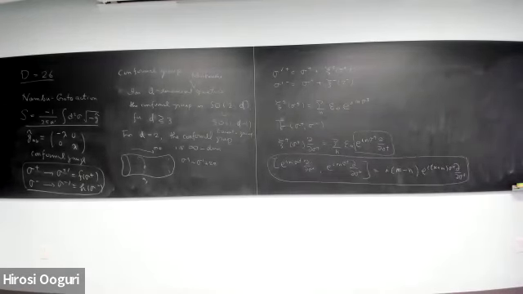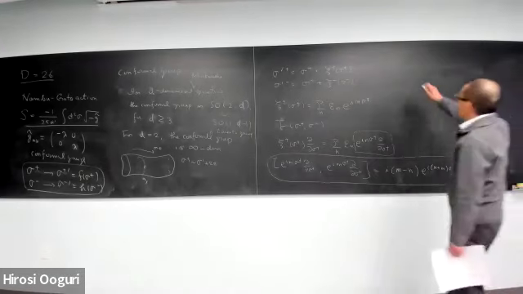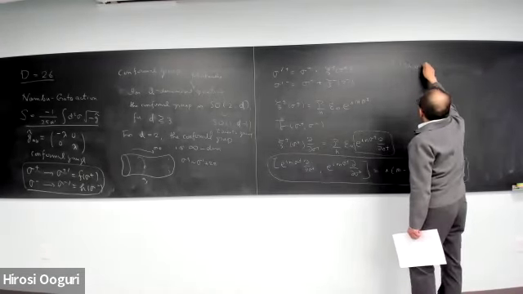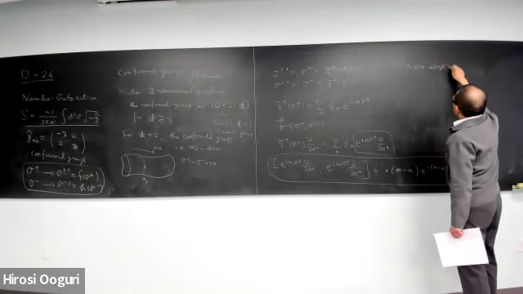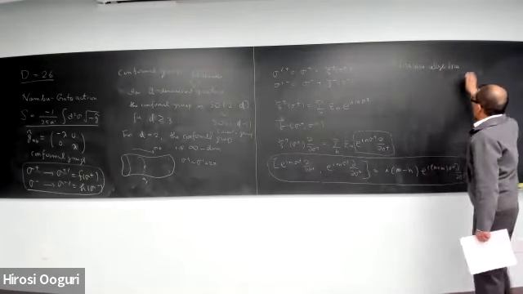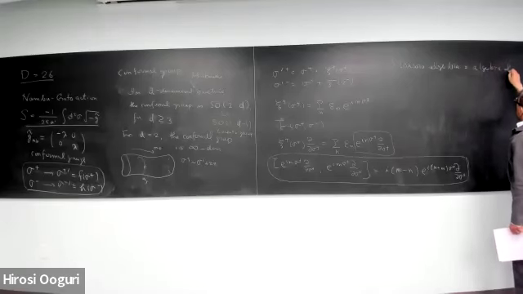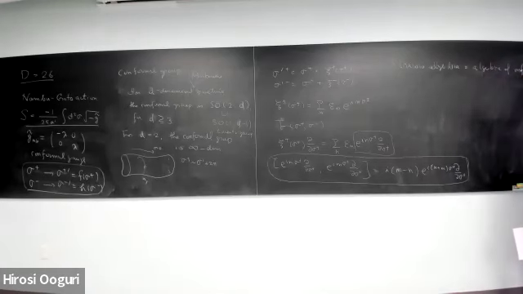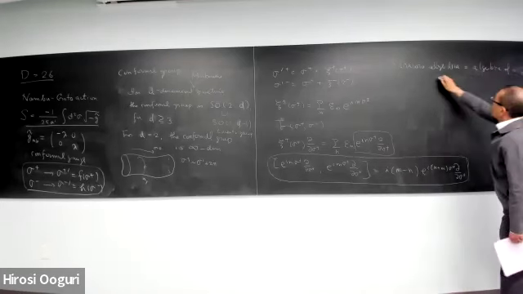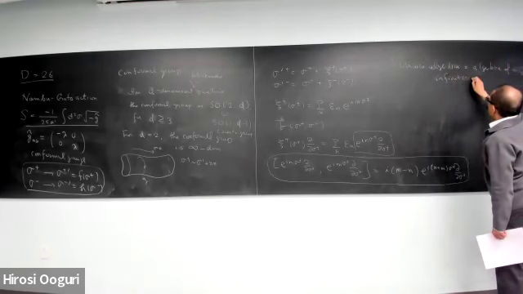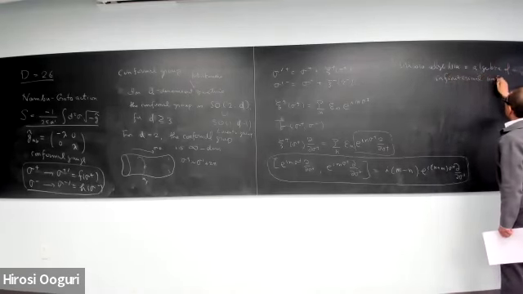The algebra of this type of structure is called the Virasoro algebra. Virasoro algebra is the algebra of infinitesimal conformal transformation.